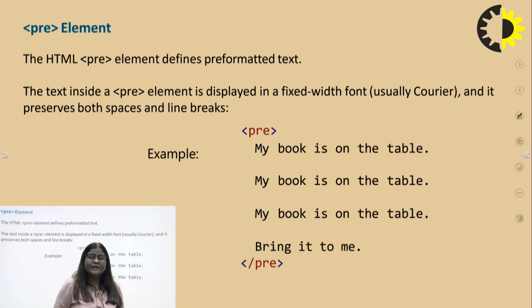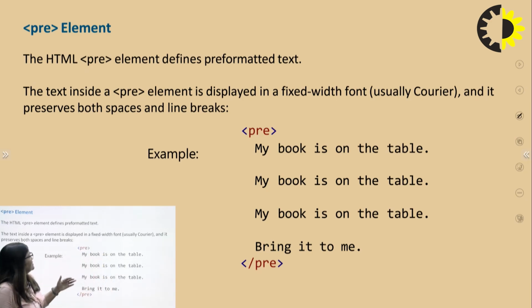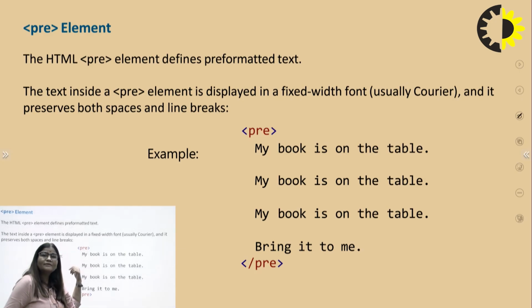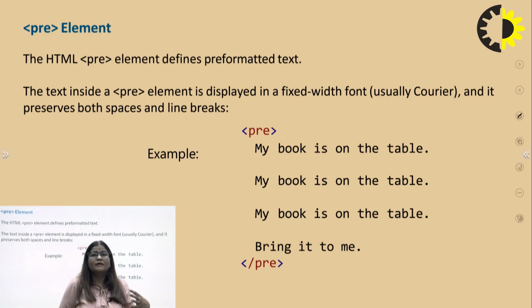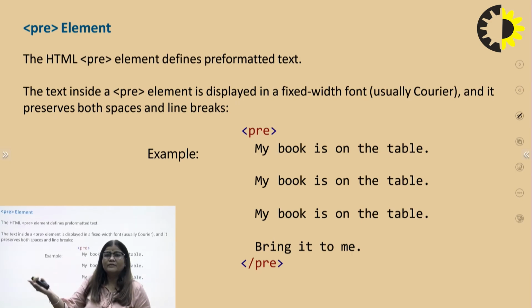Whatever we are writing, we cannot preserve that in the output. So for that, we are using this pre tag. What does this pre tag do? Pre tags preserve the style format of the writing. Whatever we are writing, the same will be displayed on the browser.